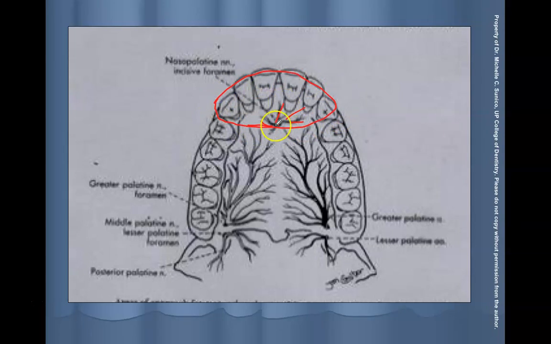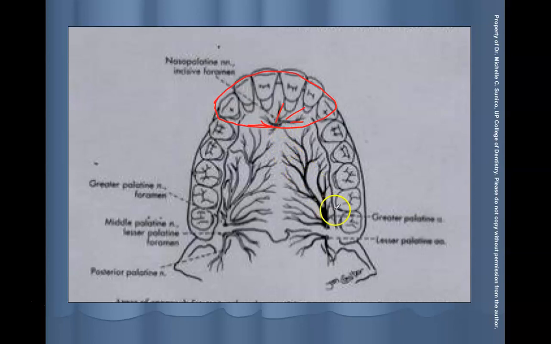Even if this foramen is called the nasopalatine or incisive foramen, what is important for you to remember is you never call the nerve that comes out of it the incisive nerve, because there is an incisive nerve in the mandibular arch and it will cause confusion. You call this nerve the nasopalatine nerve.